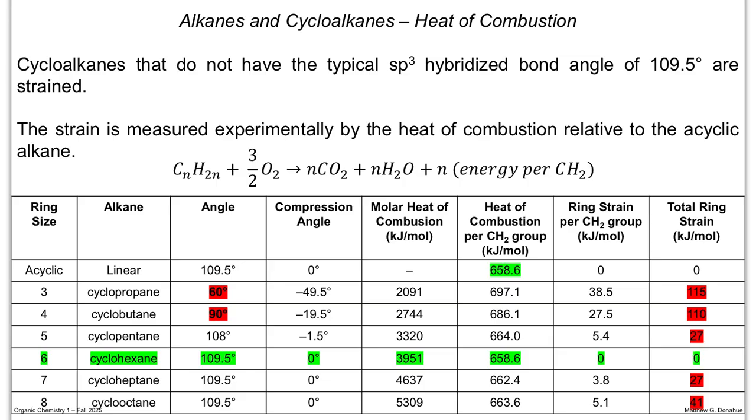So of all these different molecules and functional classes, how do we know that something has strain? So we're going to use the heat of combustion equation to calibrate acyclic hydrocarbons relative to cyclic ones. And then through the differences, we can start defining these different types of strain.